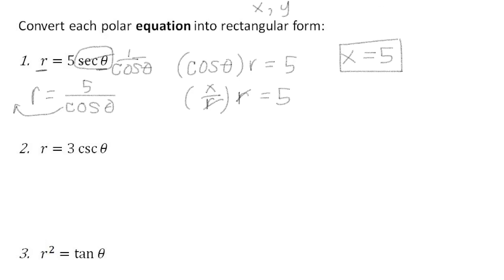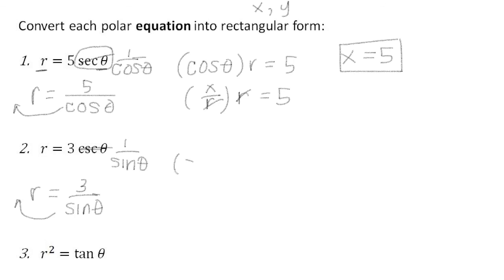Again, I would rewrite cosecant. That's the same thing as 1 over sine of theta. And so we really have r equals 3 over sine theta. And again, just like before, we're going to multiply both sides by sine theta.